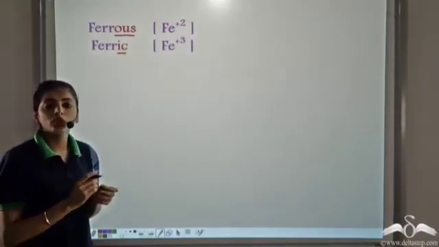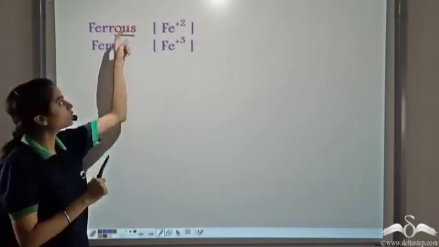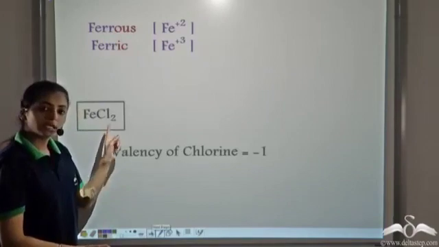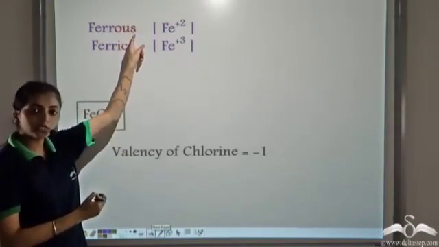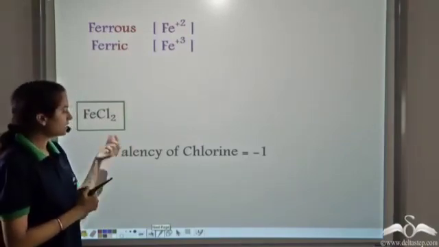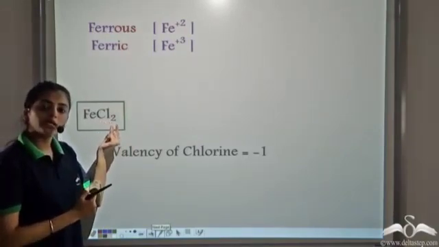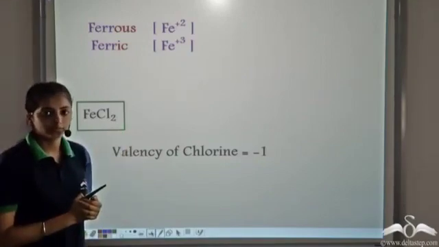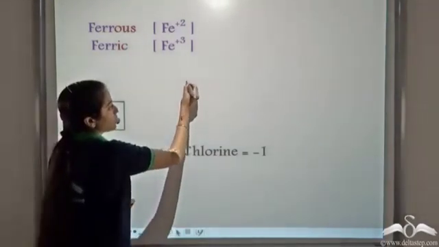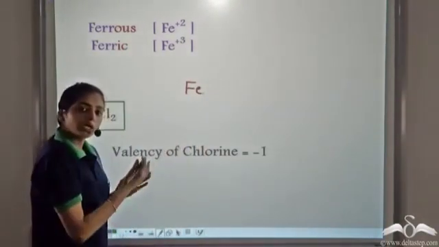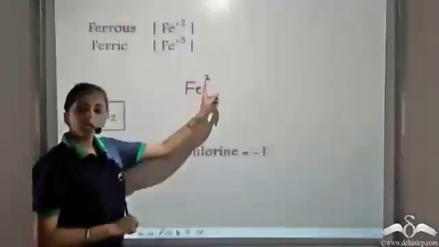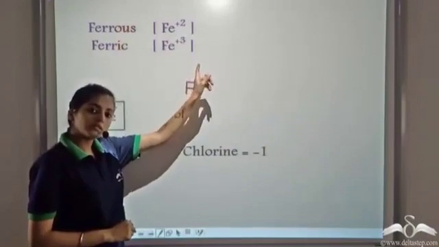So in this case, we always have to check which out of the 2 is used in the compound. In FeCl2, it can either be ferrous or ferric. So how to check it? For chlorine, we know the valency is -1. If we use ferrous, we know how to write the formulae of chemical compounds. So when we have ferrous, we write the number 2 ignoring the positive sign.